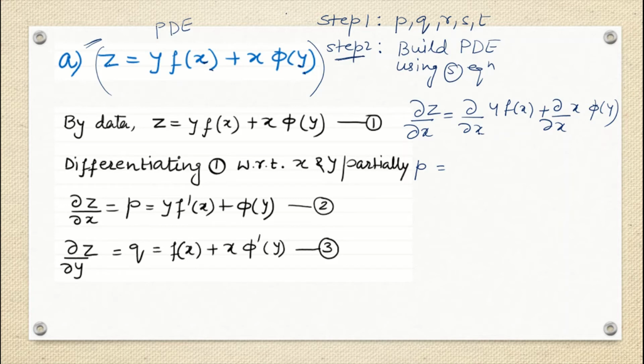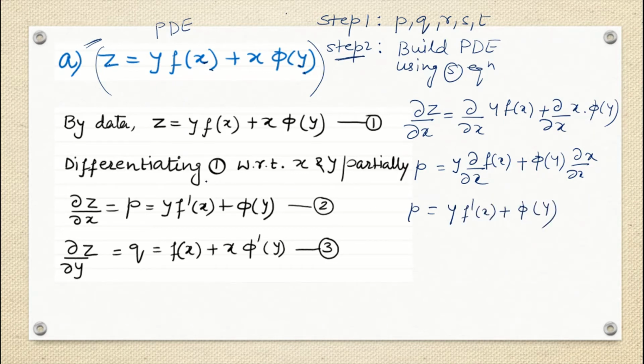If I am finding the partial derivative, that means y is constant, so y, and then del by del x of function x, plus now del by del x of, function y is constant for me because I am partially differentiating with respect to x, so this is phi y, and then del by del x of x. Okay, so that means p equals y f dash x plus phi y. So this is my p here.